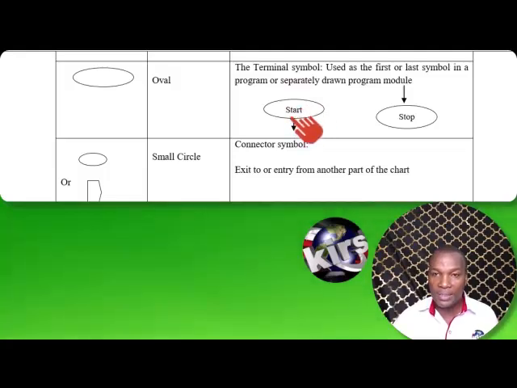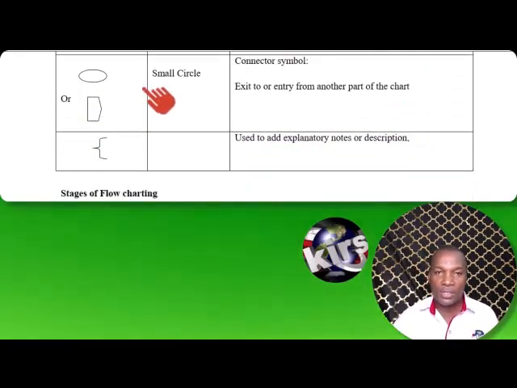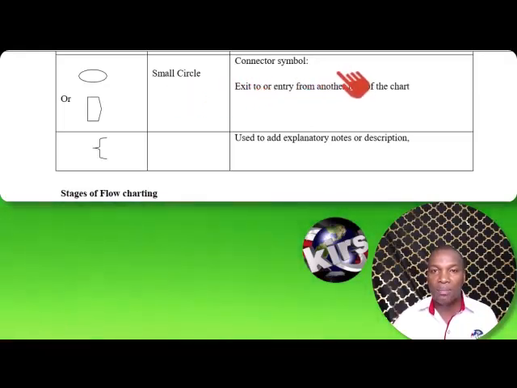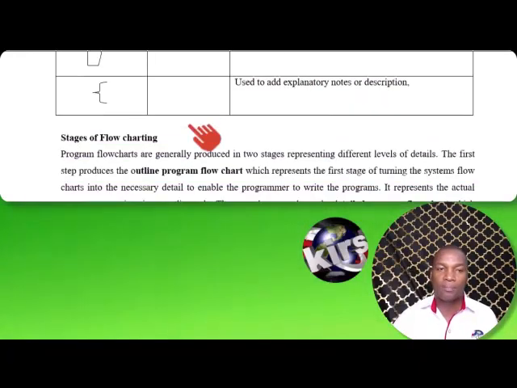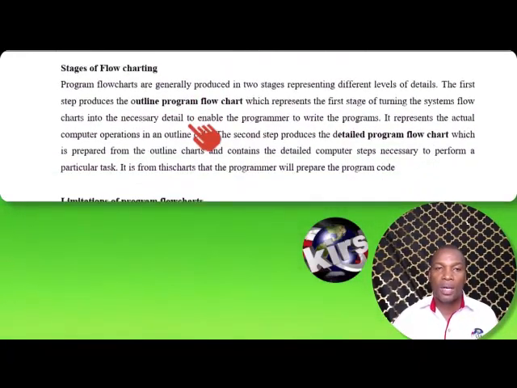If it has an arrow below it, this is starting. If it has an arrow above, it shows this is a stop. Then we have a small circle, which is a connector symbol, exit or entry from another part of the chart.